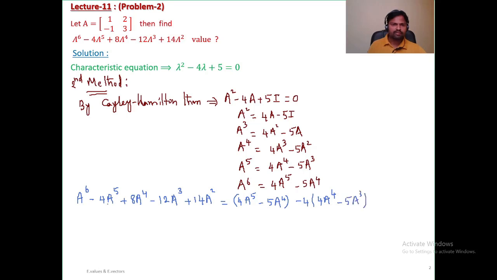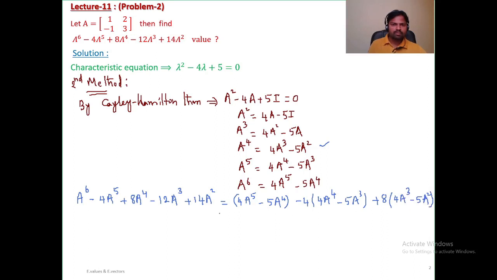Next, plus 8A to the power of 4, and this A power 4 value from here is 4A power 3 minus 5A power 2.